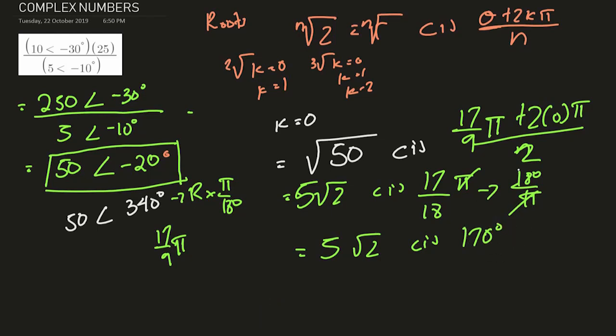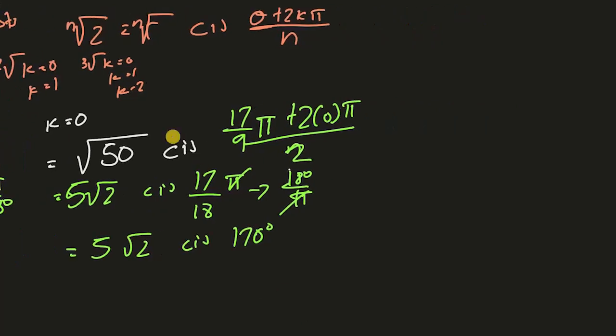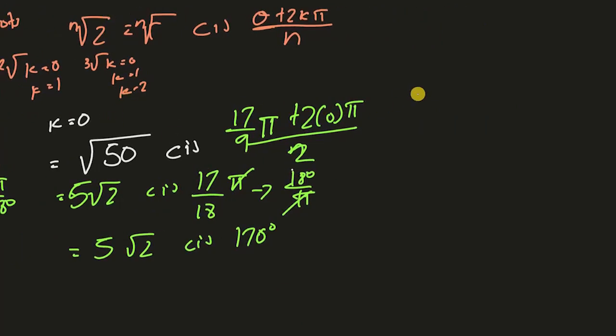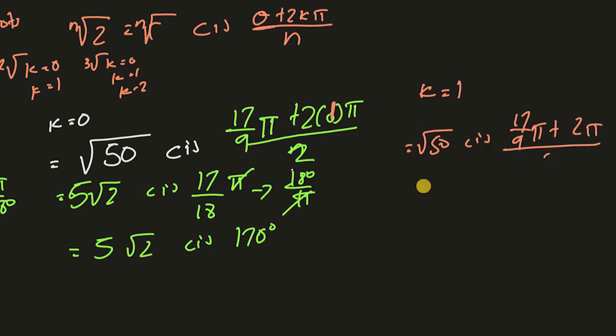So next, find another root, when k is equal to 1. We just copy this: square root of 50 CIS, when k is 1, 17 over 9 pi, that's our theta, plus 2k pi, 2 times 1 is 2 pi, over n. The value of n is again 2.